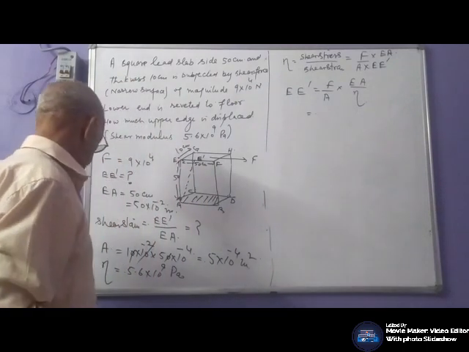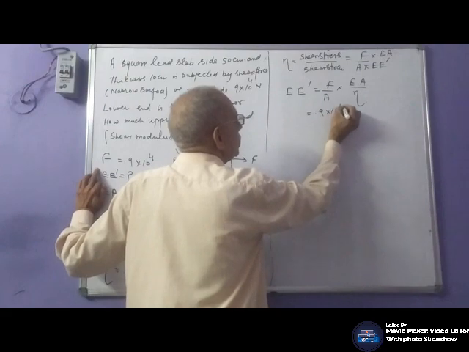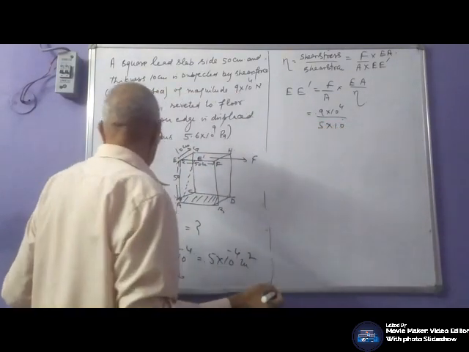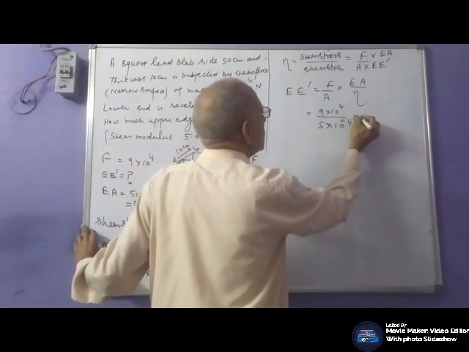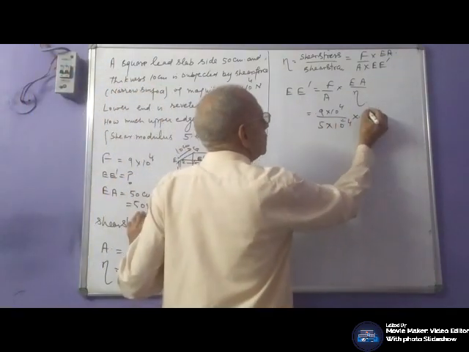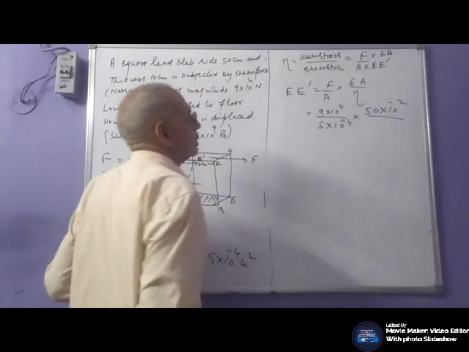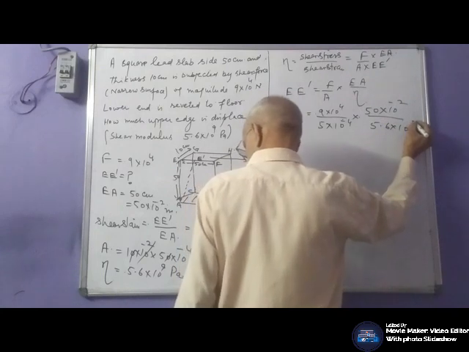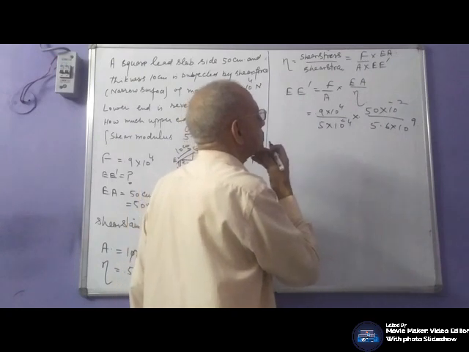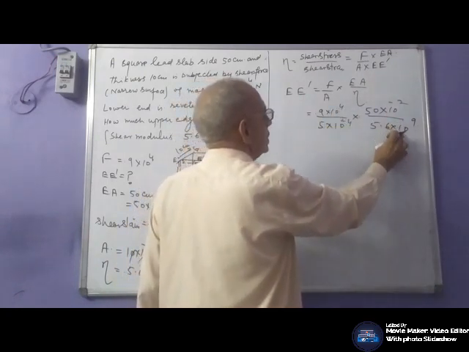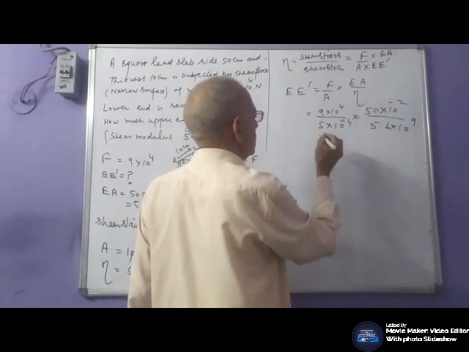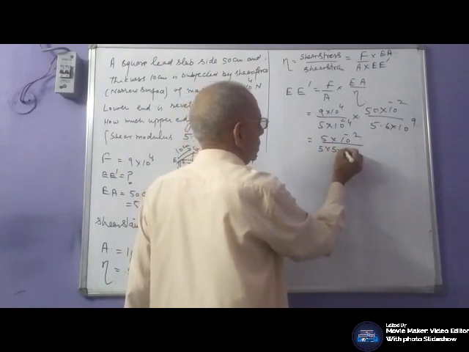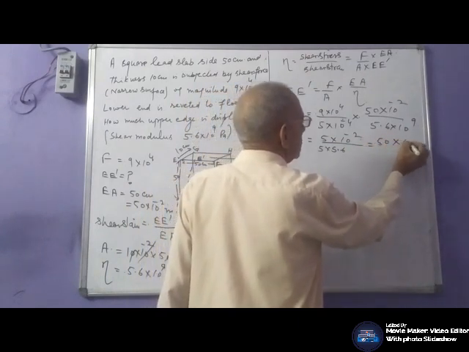F is 9 × 10^4, A is 5 × 10^-4, EA is 50 × 10^-2, eta is 5.6 × 10^9. The 10^9 goes with this, so it is 5 × 10^-2, or it is 50 × 10^-3.